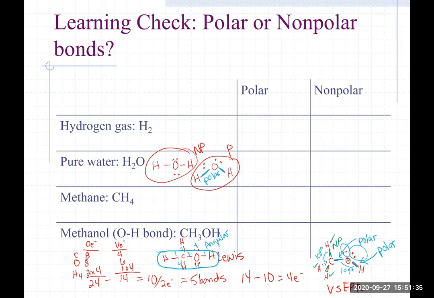I'll leave hydrogen gas, H2, and methane for you to draw out and evaluate on your own. We know the water's polar. We went through that one. The methane is telling you it's nonpolar, but you haven't drawn it, so you don't see that yet. And we know that the methanol is polar.